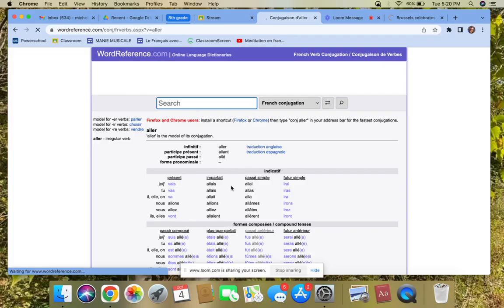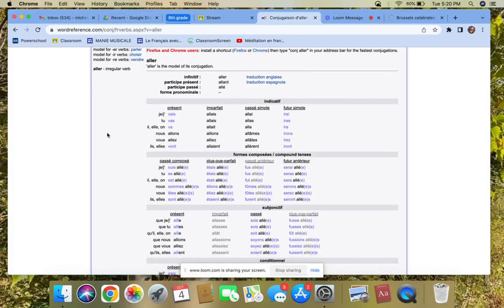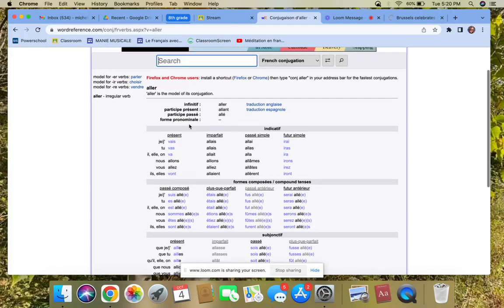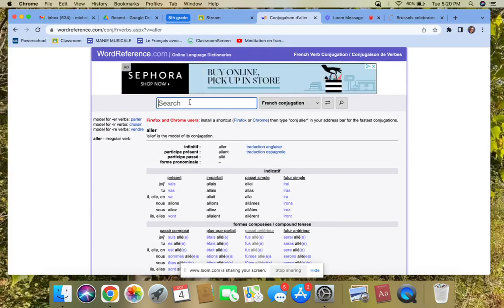That's irregular. What the heck? This is hard. Oh, wait, no, it's not that hard. I remember studying that. So there we go. Je vais. And then I would just use an infinitive. I would say je vais apporter. So I wouldn't have to conjugate the second verb. Or if I wanted to say, you all are going to bring, vous allez apporter le dessert. You're going to bring the dessert. So be careful of that.